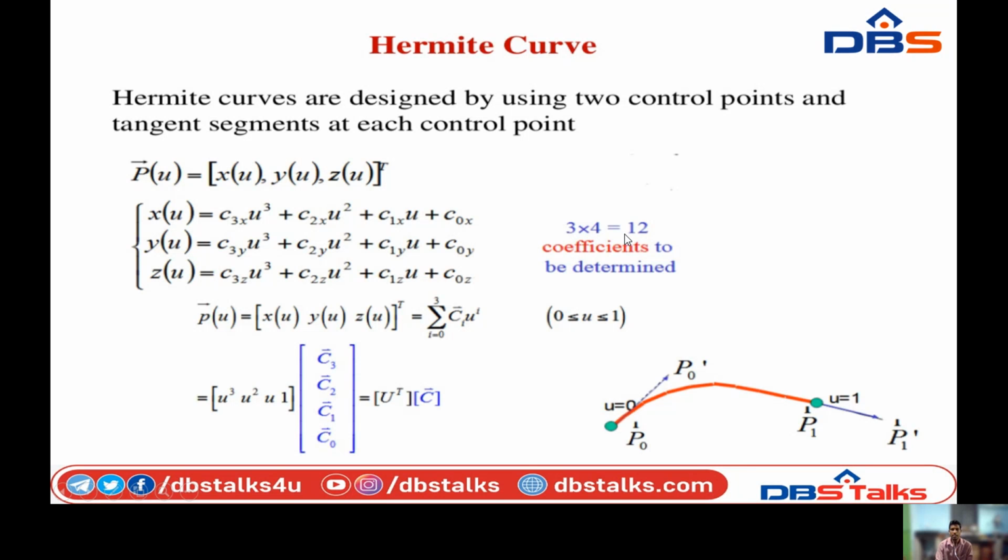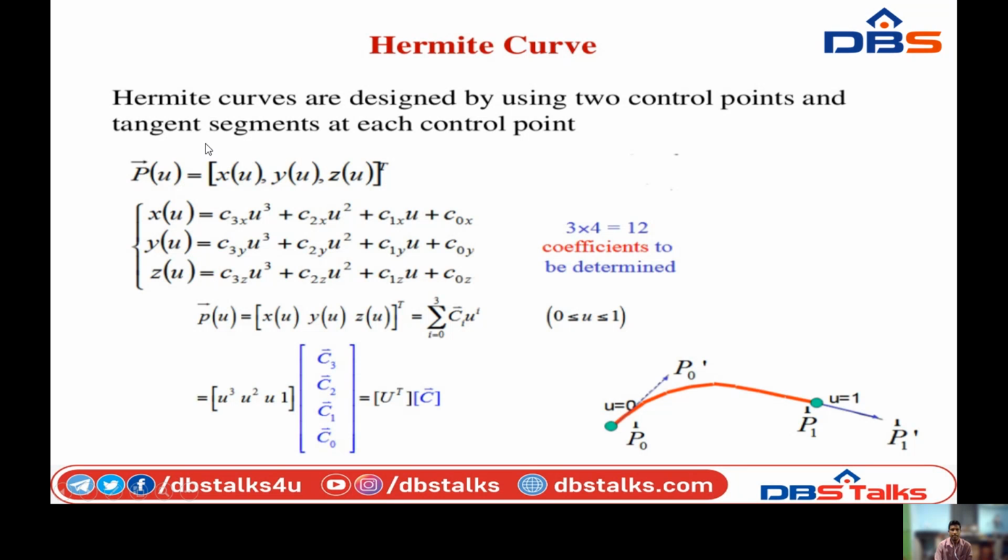Because initially 3 control points are there, and after adding 1 tangential point, it will be 4. For that reason I am multiplying 3 with 4. 3 into 4 equal to 12 coefficients to be determined. That means 12 coefficients are to be determined by using the Hermite curve representation.